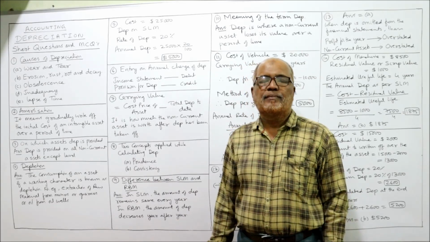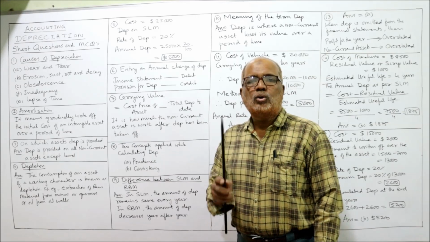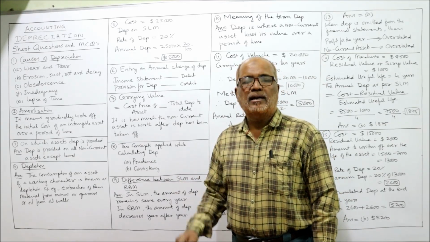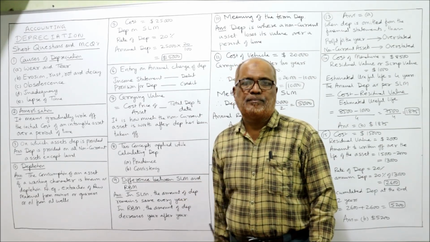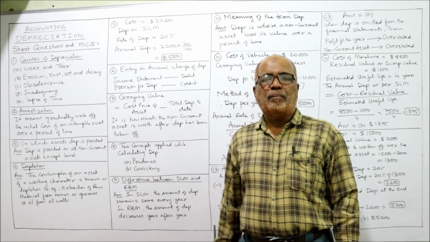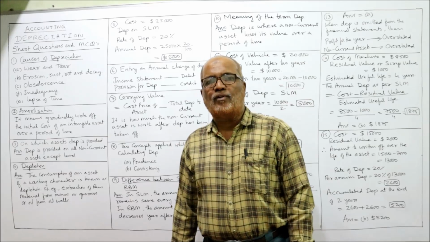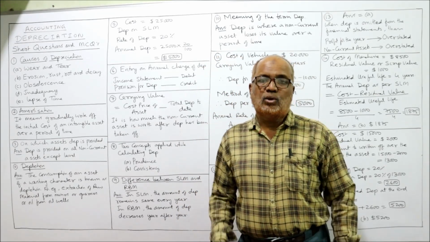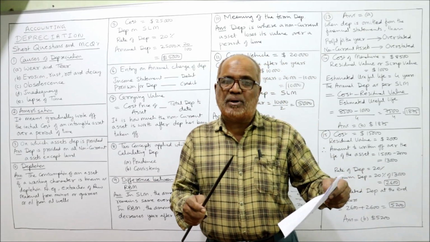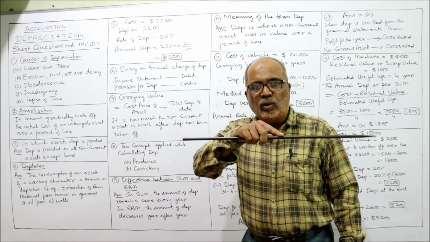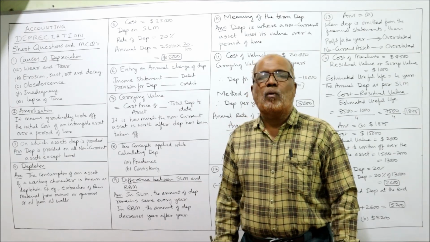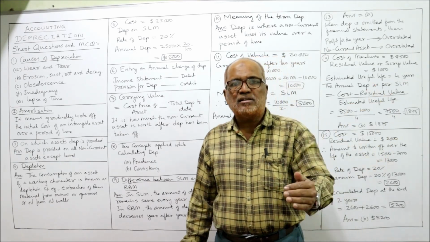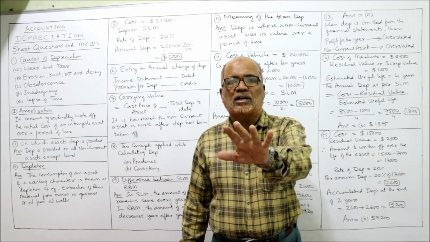Problem number 7. Carrying value means the total cost price of the asset minus total depreciation to date. For example, if you purchased a machine for 1 lakh rupees 5 years back, and during the 5-year period we have provided total depreciation of 30,000.